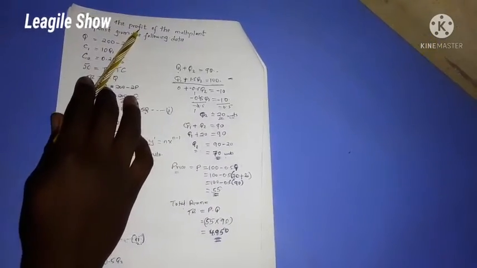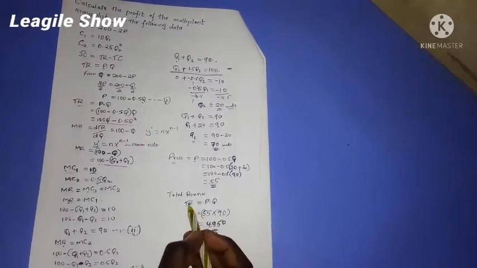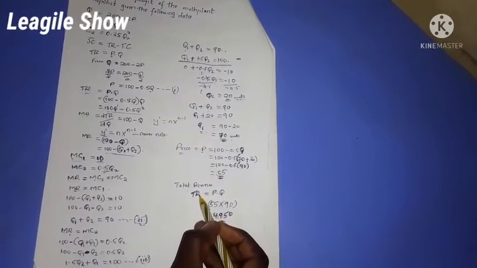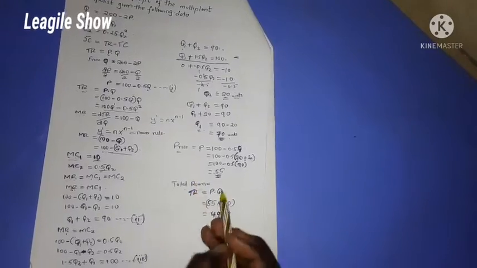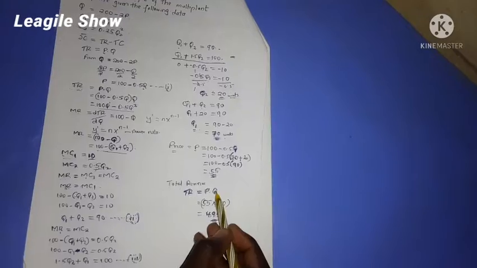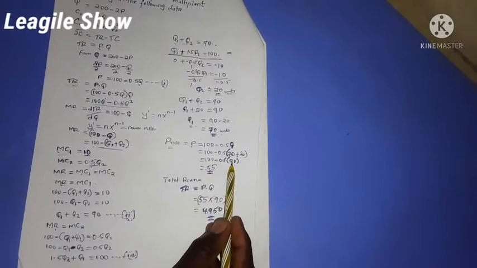How do you get the profit of these monopolies? So profit, you will calculate it, but you need to determine the total revenue of these monopolies. So total revenue is equal to price times quantity, but our price is 55, quantity is now 90.